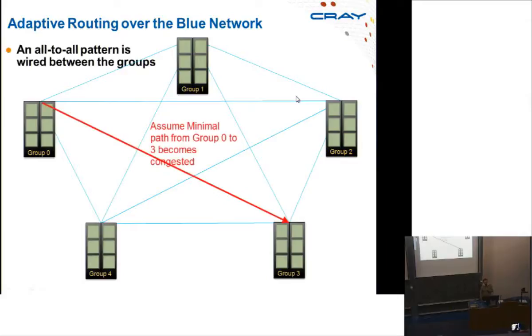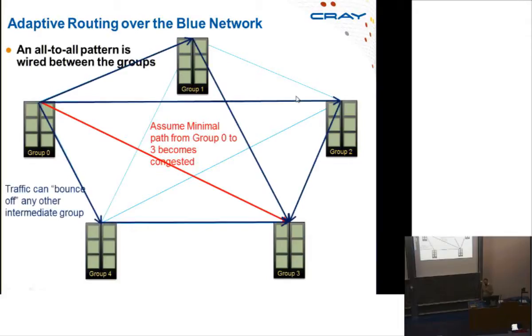So we have a minimal path, but that potentially may become congested. So we can choose any intermediate path or all of the intermediate paths to send our traffic over. And again, this doesn't affect latency, because latency is always the first packet, which is usually done by minimal route. It's only bandwidth that you're enabling by using non-minimal routing. So every job has access to the full system bandwidth.